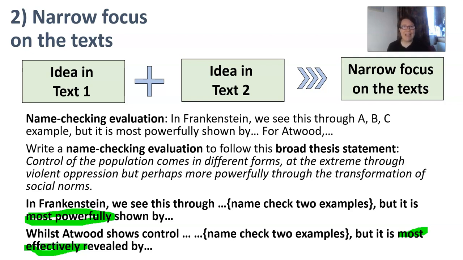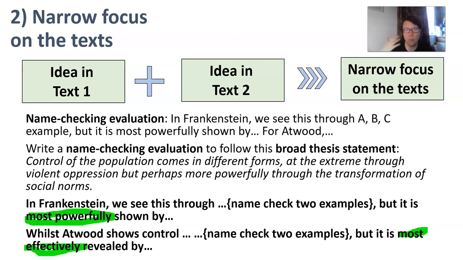So you're going to use the same broad thesis statements. Control of the population comes in different forms, at the extreme through violent oppression, but perhaps more powerfully through the transformation of social norms. Okay, so we're probably looking at the transformation of social norms in Frankenstein, and maybe some of the violence as well.